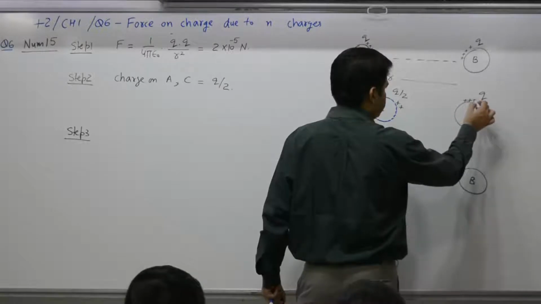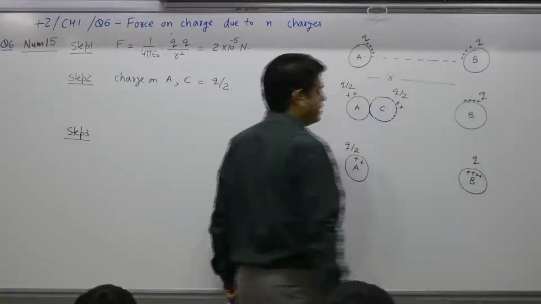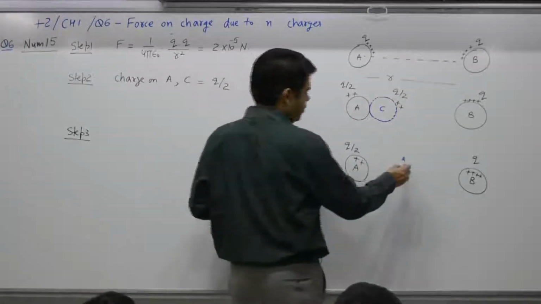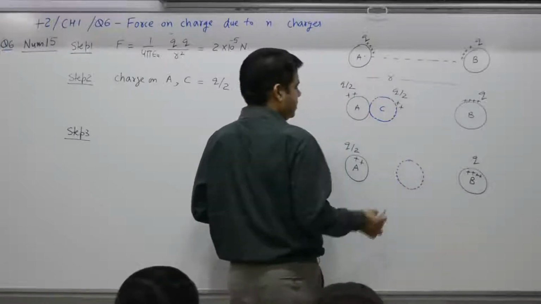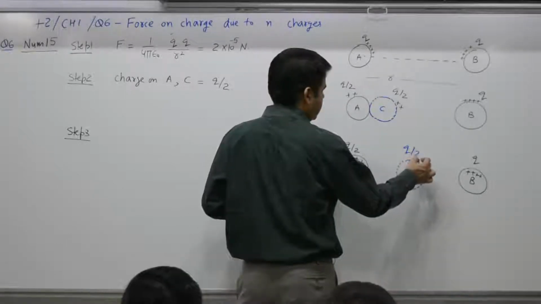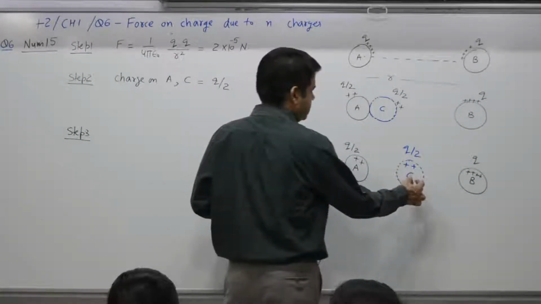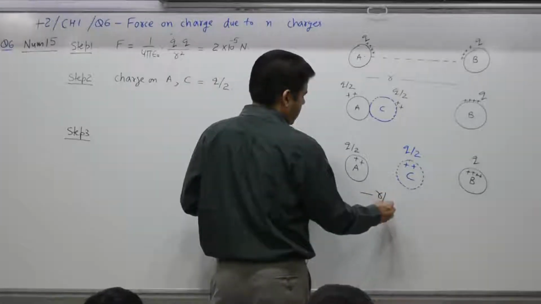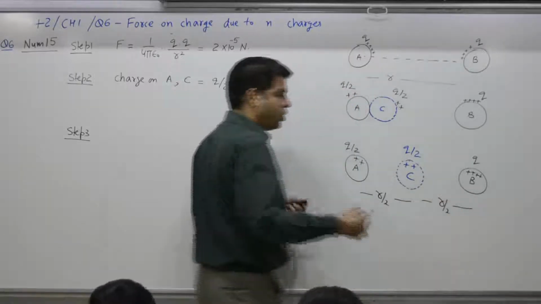Same, 1, 2, 3, 4, four charges, just to represent Q. What about C? You place this third charge at the center of the two. How much? Q by 2. It is C. Now this distance is how much? R by 2. This is how much? R by 2.